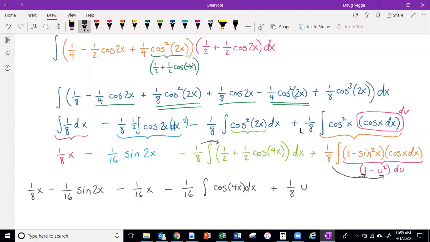And then over here, we get minus 1/24 u cubed plus c. Just don't forget the u is sine x. All right, last step here. Second to last step, anyway.